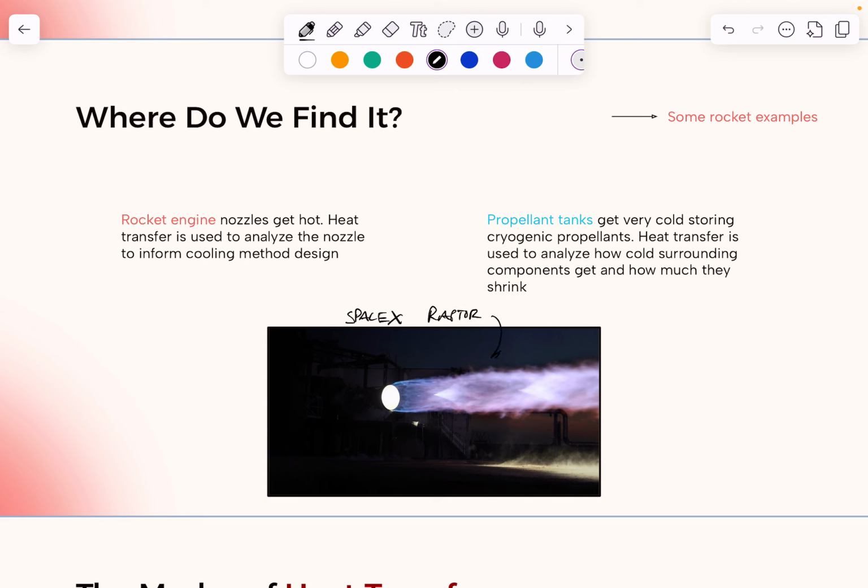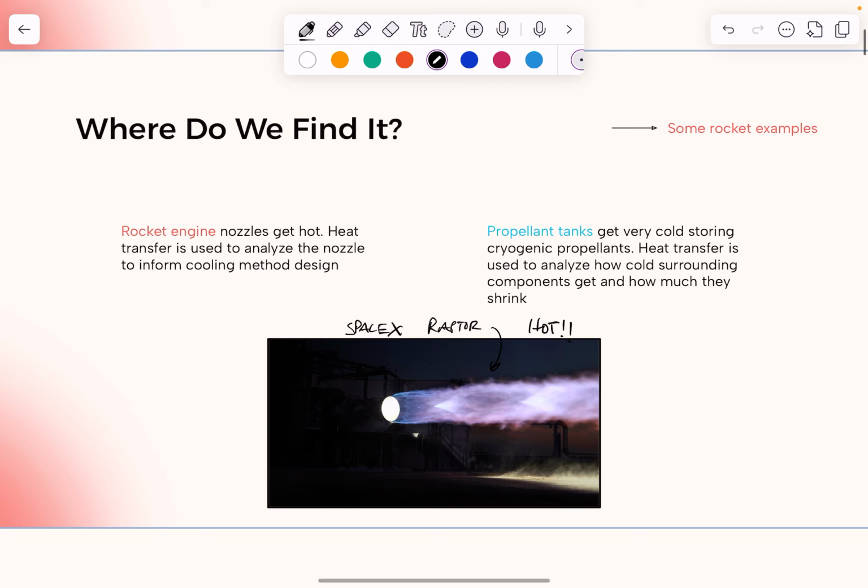This thing gets really hot. How do they cool it? How do they figure out how hot it gets and what they need to do to cool it? They use heat transfer. We can get more into that specific heat transfer analysis. That's something that I've got some experience with, but we'll get into that later.